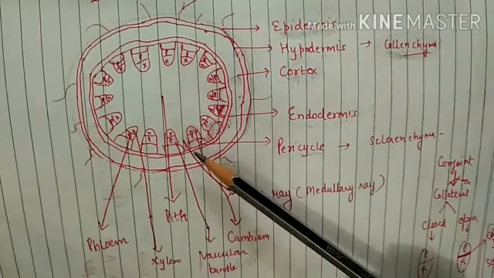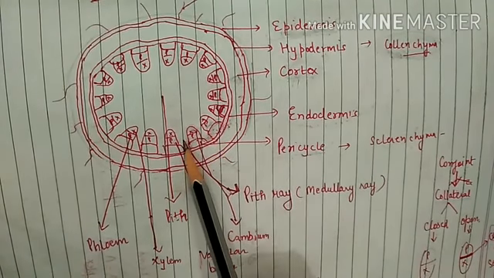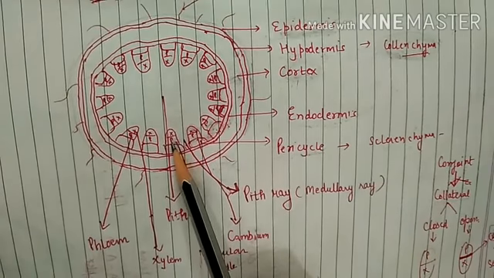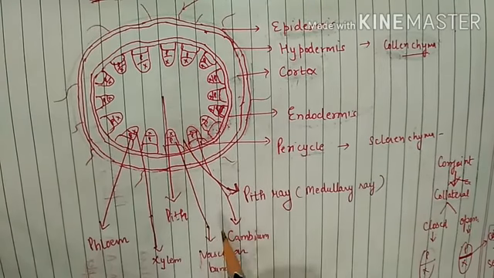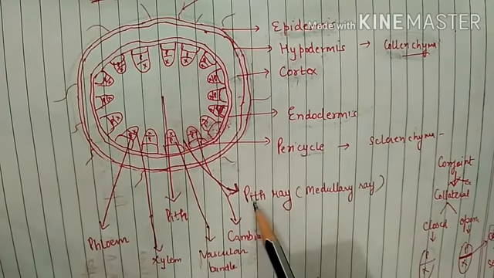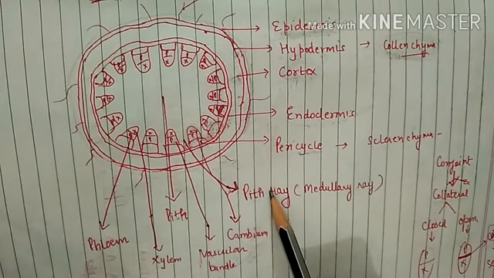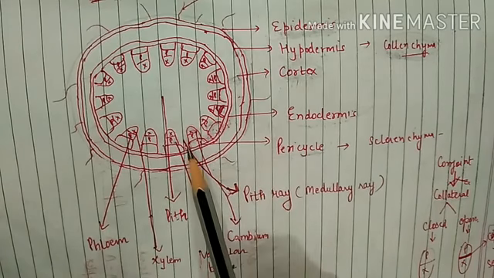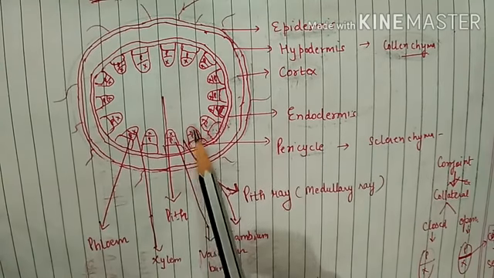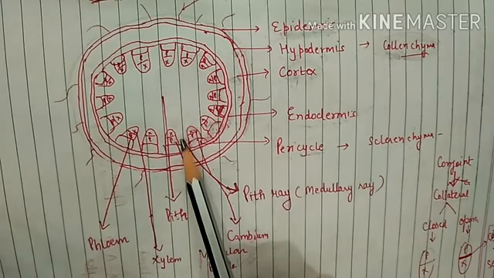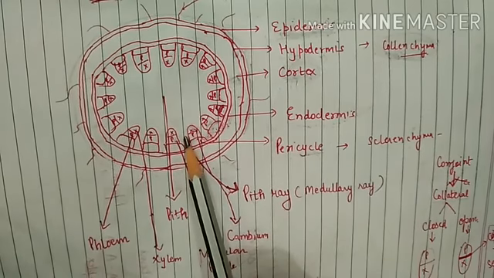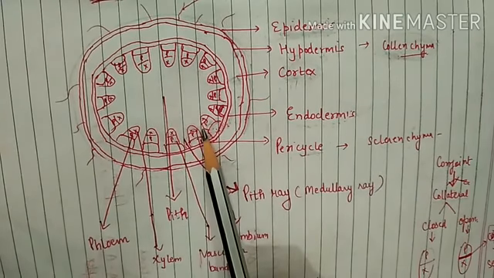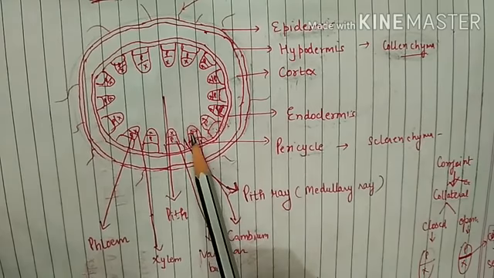Then after that, you are observing here, there is a space between the vascular bundles. This space is known as medullary ray or pith ray. The medullary ray basically consists of radial rows of big and rectangular parenchymatous cells, and it lies between the vascular bundles.